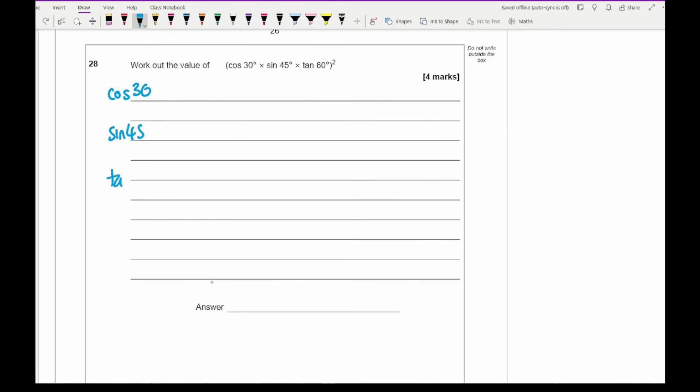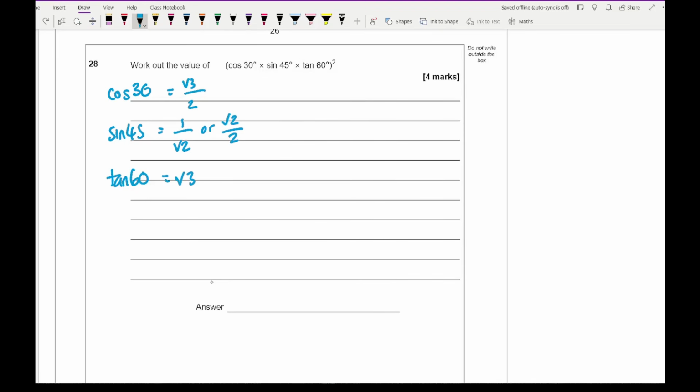So cos 30 is going to be root 3 over 2. Sine 45 is 1 over root 2, or root 2 over 2. So any of those. And tan 60 is root 3.